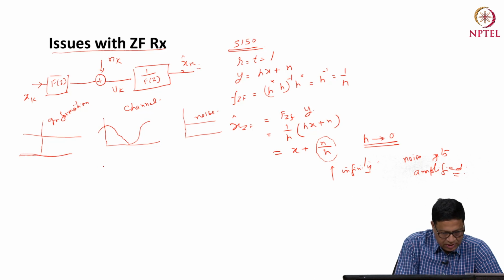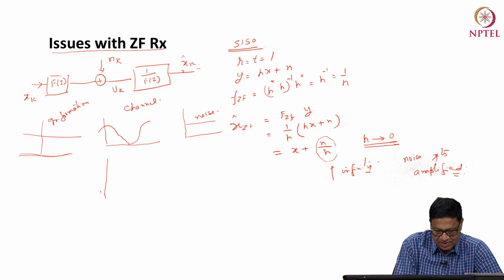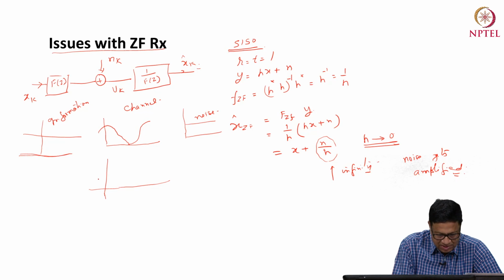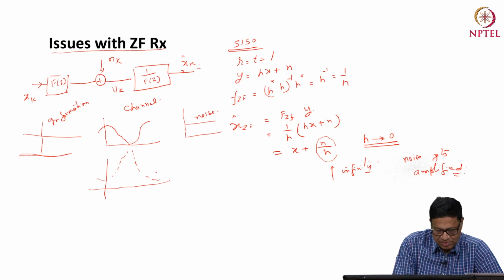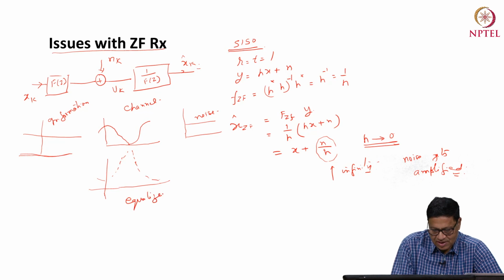Then the equalizer, or the inverse of fz, the channel matrix, will be going to infinity at this point, because the channel is going to 0. So this is the characteristic of the equalizer which I need to have at the input.